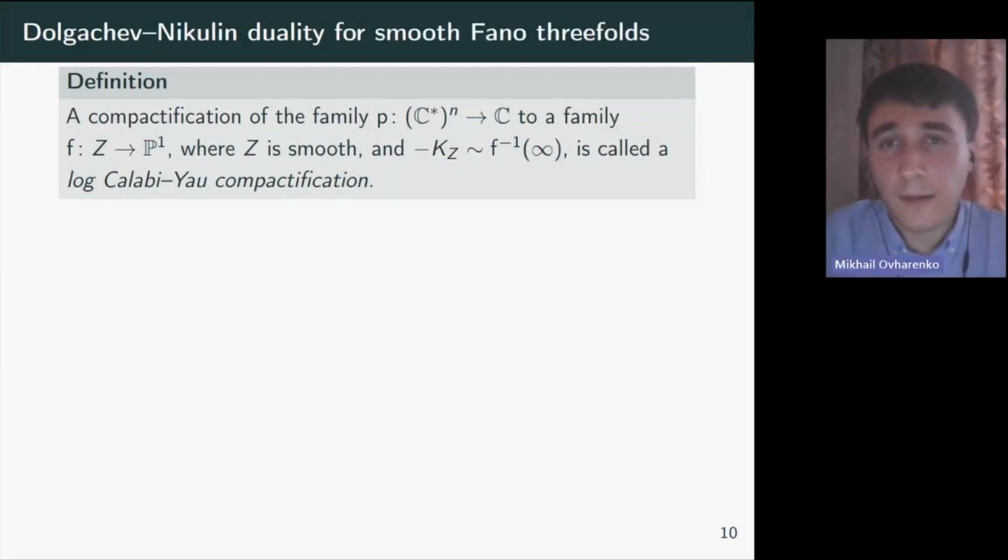So let us introduce a bit stronger compactification assumption. Let's assume that we have our family of hypersurfaces in the torus, and we call a compactification to a family over P1, where its total space is smooth and the fiber over infinity is anticanonical, a local Abiyao compactification.